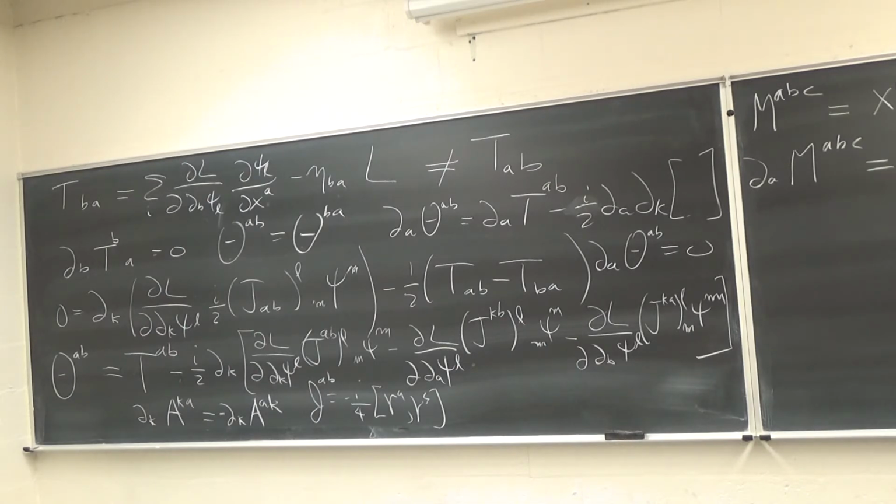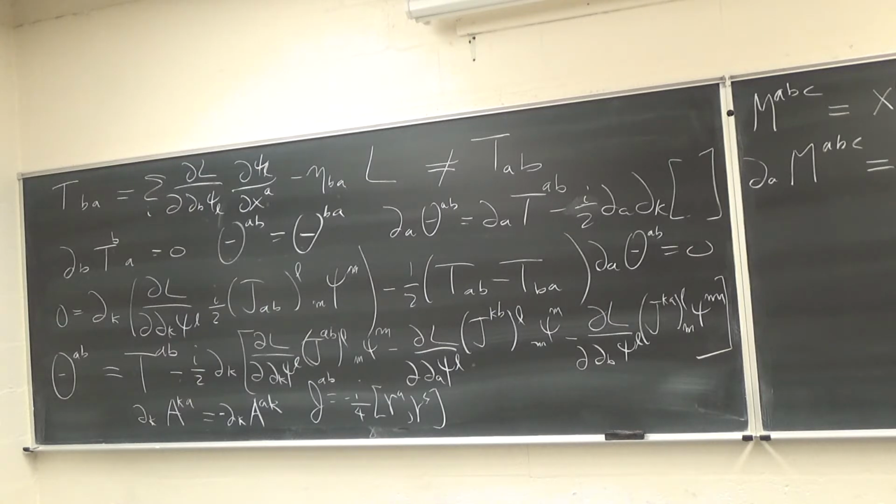Well, this is delta_BA, so this is equal to theta_AC minus, and this is delta_CA, theta_CB. This is BA, right, AC minus CB.